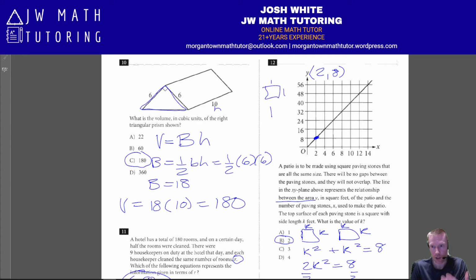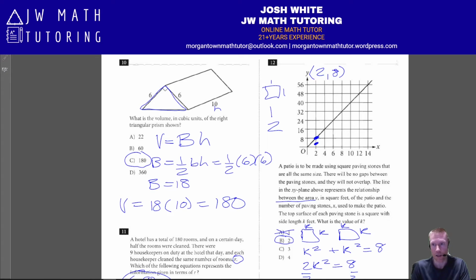If I had two stones, then my total area would be 2 times 1, which would be 2 square units. Now, is 2, 2 on the graph? And the answer is no. 2, 2 would be basically right about here. 2 units to the right and 2 units up. So therefore, it's wrong.